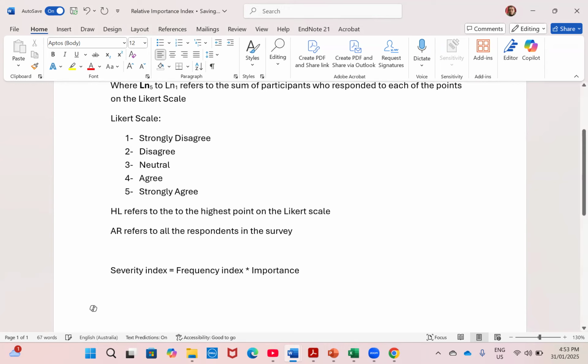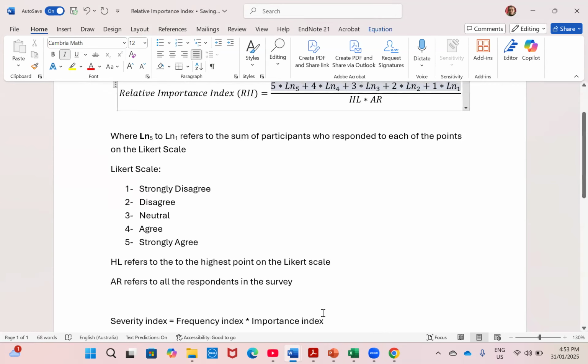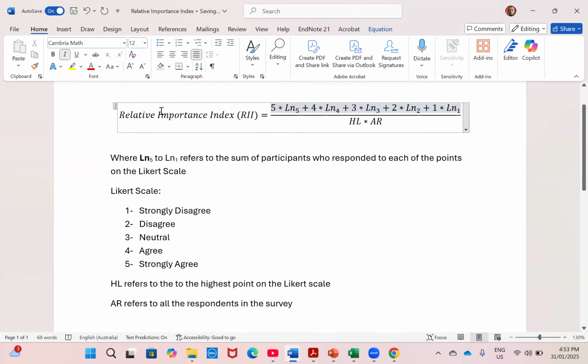I'm going to take my time to explain, and then I'll extract part of the importance index to form the frequency index. So let me explain the relative importance index, or the importance index in this context, again.